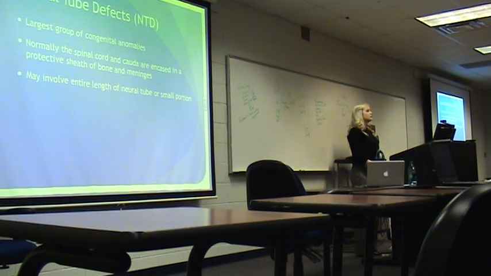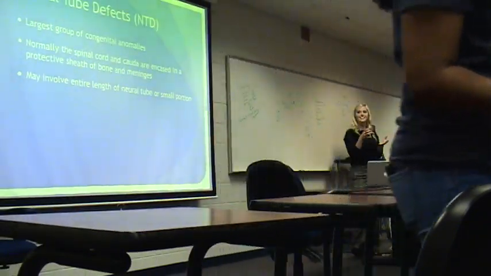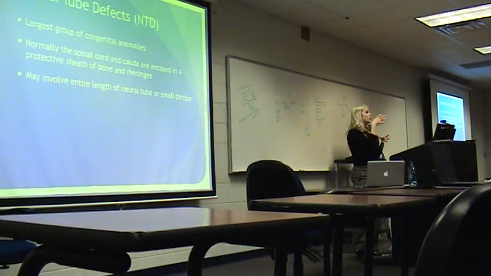All right, just a brief intro on neural tube disorders before we get into the first case study question. It is the largest group of congenital anomalies. In a normal baby, the spine and the spinal cord and the cauda, all the meninges, are encased, and all the neural elements are encased into that protective sheath that has bone and meninges.